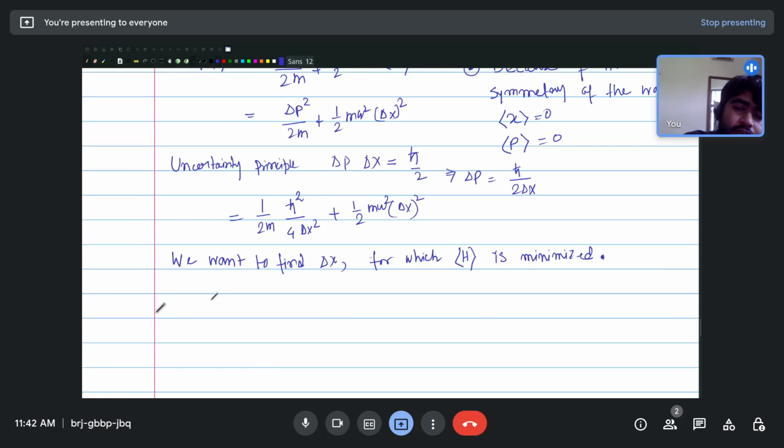First we have to take the derivative of this energy with respect to delta x, okay. And to find the minima, we'll first set this to 0, and that will give us some delta x star for which h is minimized.